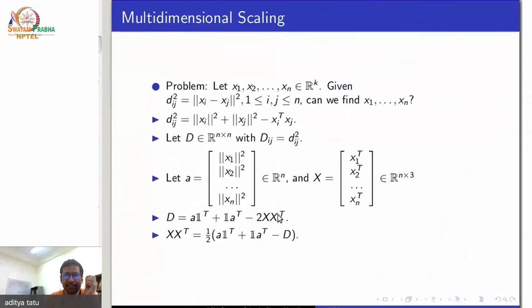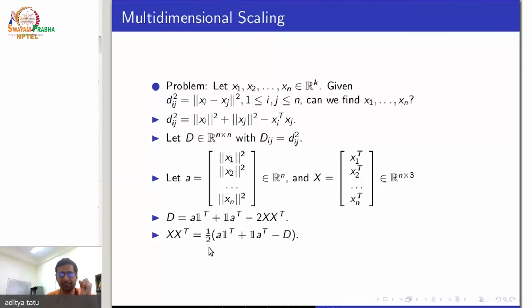So then taking XX transpose on the left hand side, shifting everything else gives you this. How does this help? So D is given. If I had known what was A, right, then I, in some sense, could have computed X or XX transpose directly, and from XX transpose, it's basically a factorization problem, right?